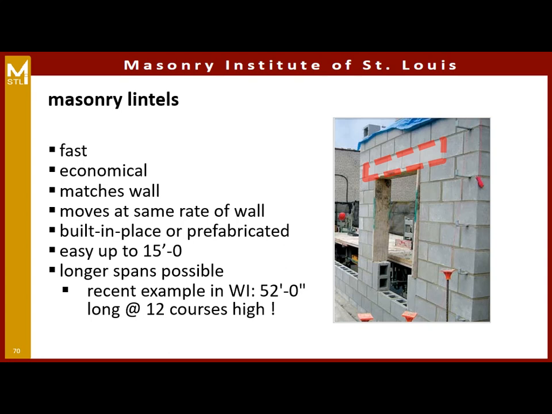And this is obviously not an everyday occurrence because it was 12 courses high. I believe it was 2 wides of 16-inch block, and it still had shear reinforcing in it. So not something you're going to see every day, but you don't have to go to a steel lintel just because the opening is long if your conditions will allow it.